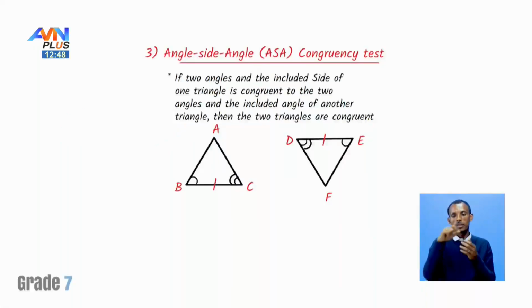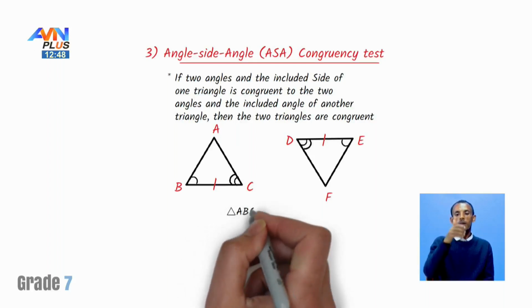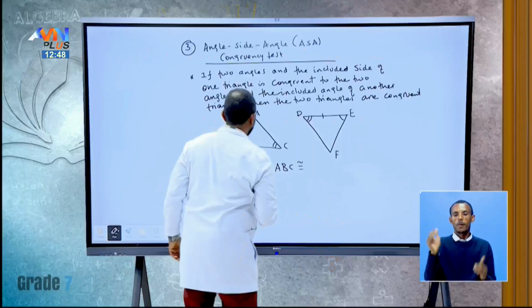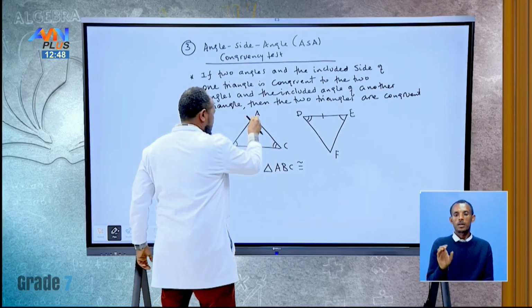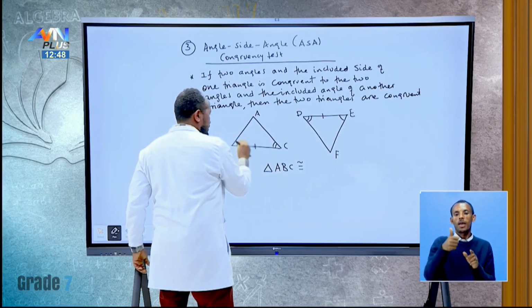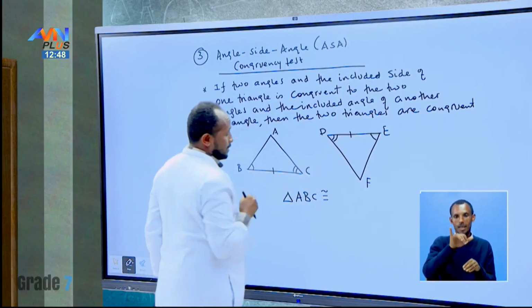Here, triangle ABC is congruent to, look here, ABC. From this angle to this mark to this one. So you move in the same order for this triangle.